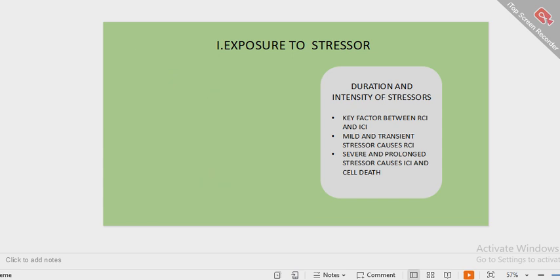We all know that whenever there is an action on anything, there will be an equal and opposite reaction. That is one of Newton's laws. The cell will also do the same thing. Whenever there is a stress on the cell, it will show some reaction. First of all, it will start showing some adaptations to that environment. After that, it will start recovering.